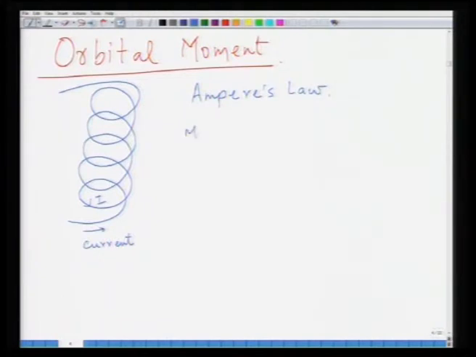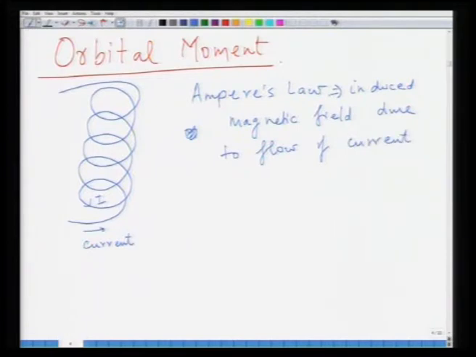So, basically you have an induced magnetic field due to the flow of current I in a wire, and this magnetic field is perpendicular to the plane of the loop. You can see this is the plane of the loop. If I just shade it a little bit, this is the plane of the loop, and the field is perpendicular to this plane.